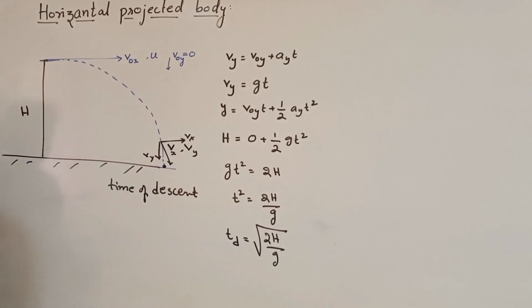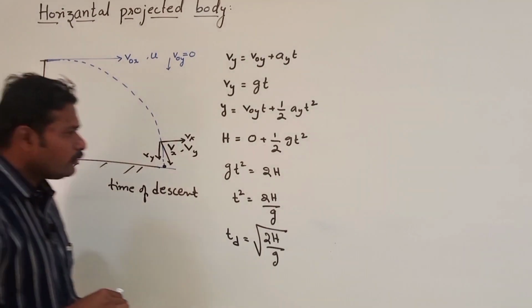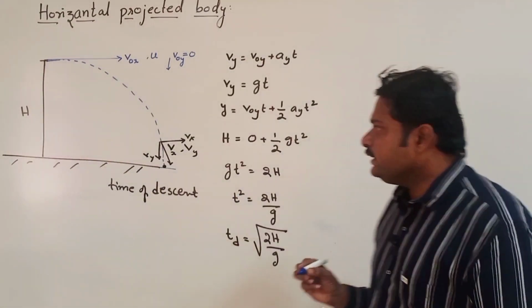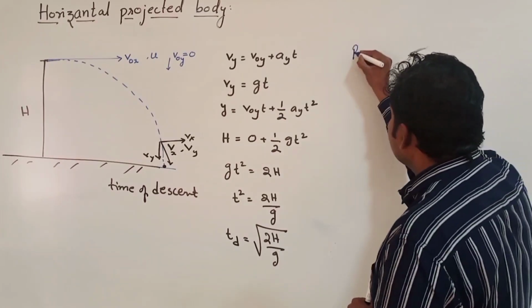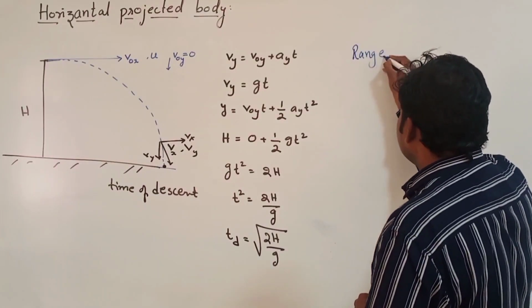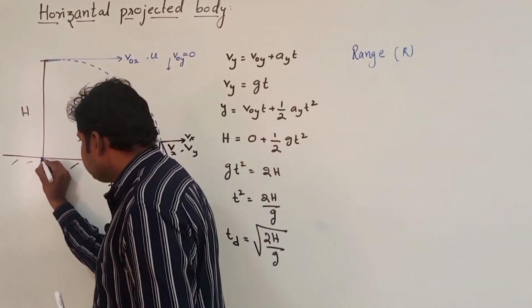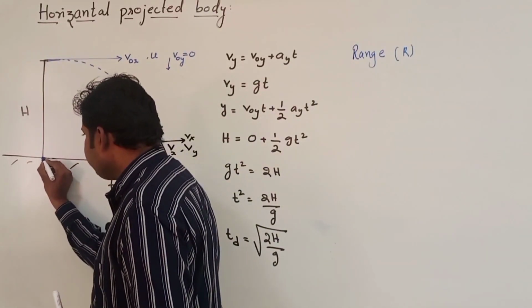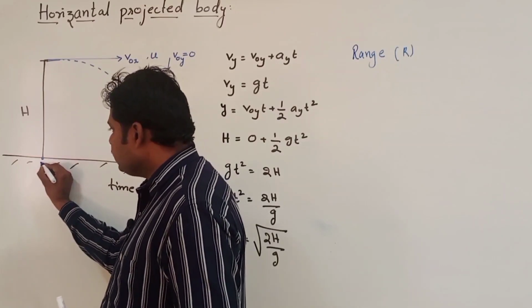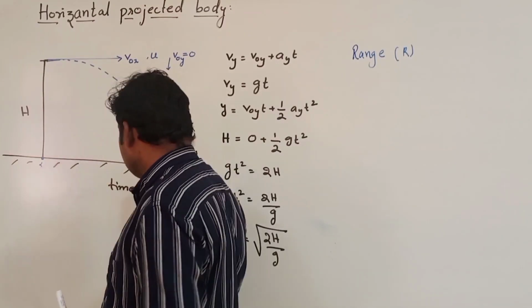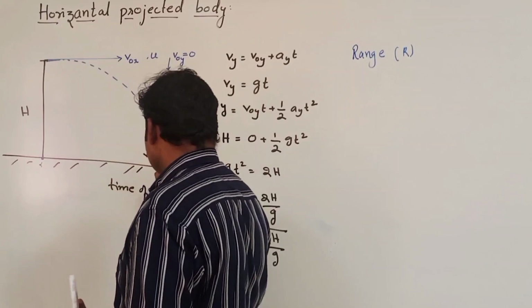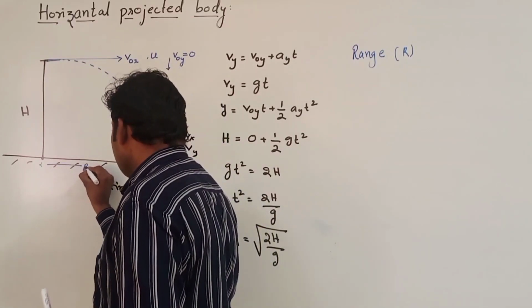Right? Now, next, how to calculate range? Range r is the distance from the point of projection to the point of landing. This is called r.